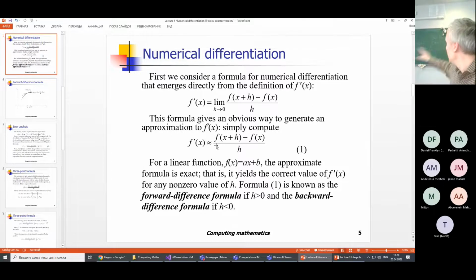So we derived formula number 1. But there we derived it from the definition of the derivative, and in the second case, we derived it from the interpolating polynomial, from interpolation. But we get the same formula.